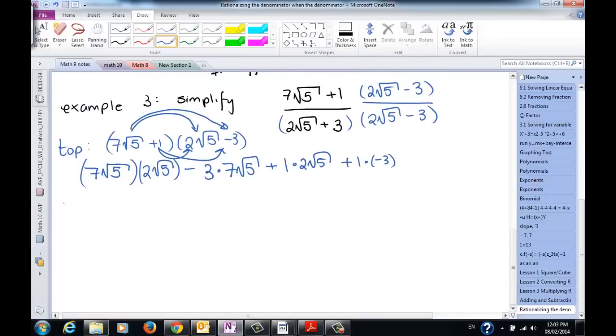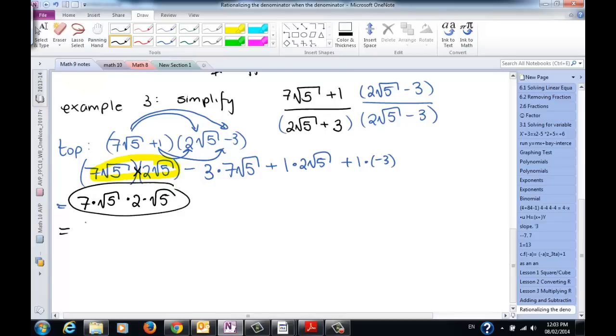Okay, so all that this piece is saying, it's all multiplication, right? In between these, we have multiplication happening. So I have 7 multiplied by root 5, multiplied by 2, multiplied by root 5. Remember, the order of this doesn't matter. So we're going to reorder this.